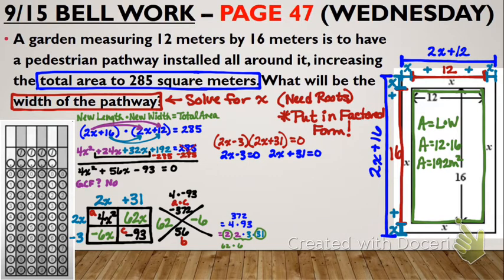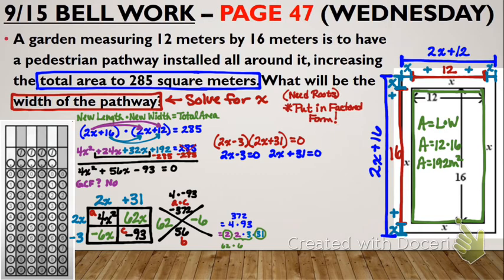For 2x minus 3 equals 0, what's the first thing I would do there to solve it? Plus 3 on both sides. So plus 3, I get 2x equals 3. Then we divide both sides by 2.